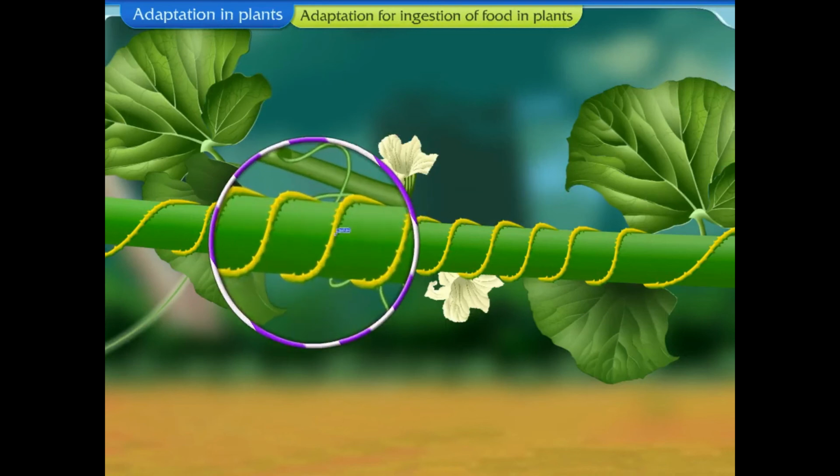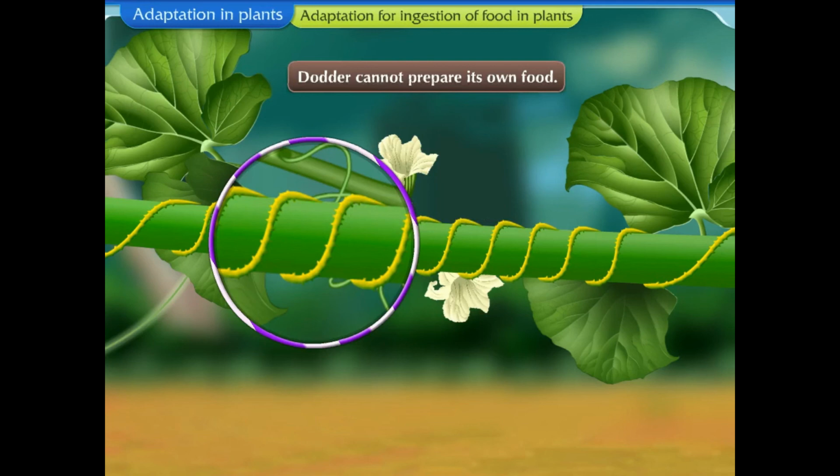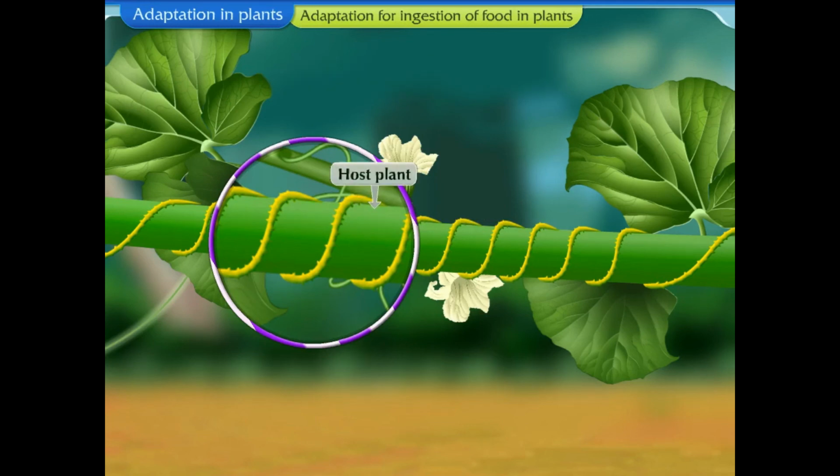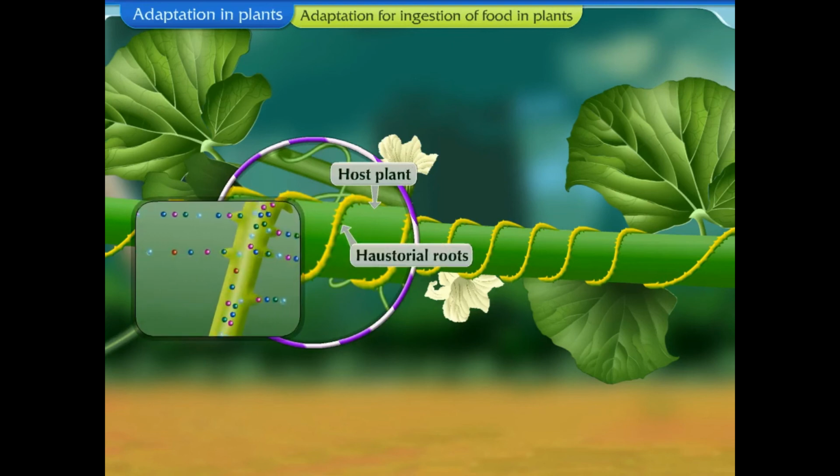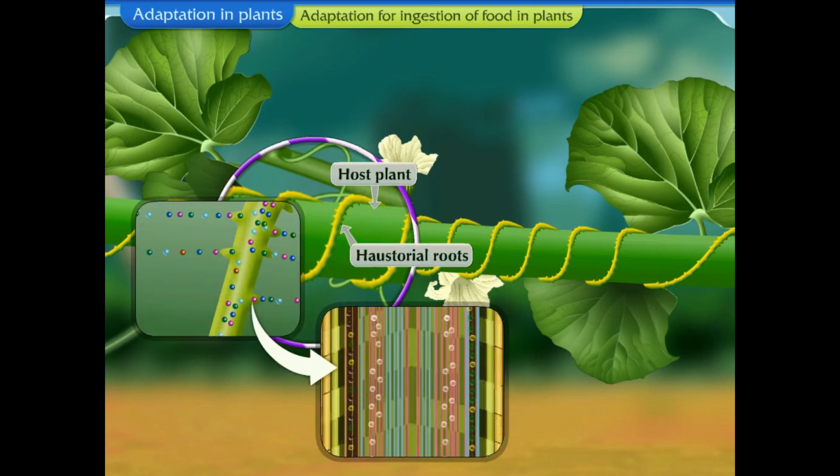The plant body of dodder is made up of yellow wire-like stems. As it is a leafless plant, it cannot prepare its own food. However, to absorb nutrients from the host plant, it has haustorial or sucking roots. These roots penetrate up to the conducting vessels of the host plant to absorb food and water.